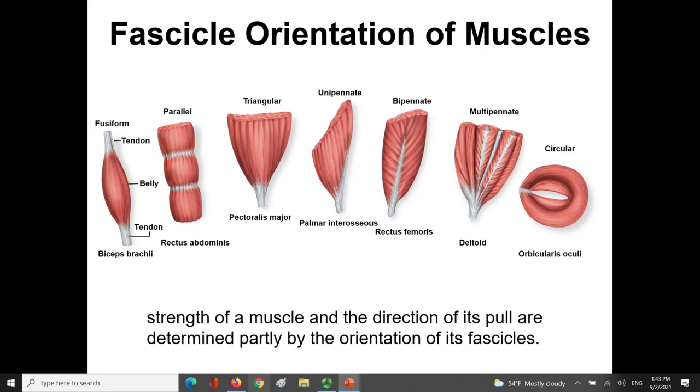So depending on how they look and they're organized, basically allows them to function in a certain way. So here is one example of each, and then you are given an example in the body where you would find that. So the triangular is found in the pectoralis major. And the circular, they're saying here, is your orbicularis oculi, which is your eye. It almost looks like an eye, doesn't it?